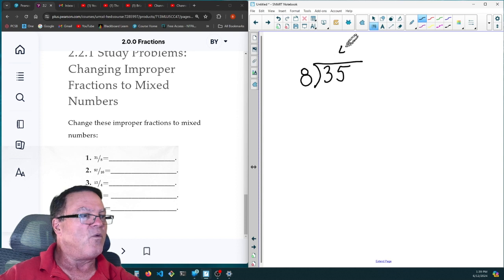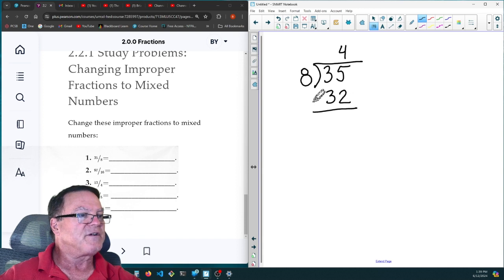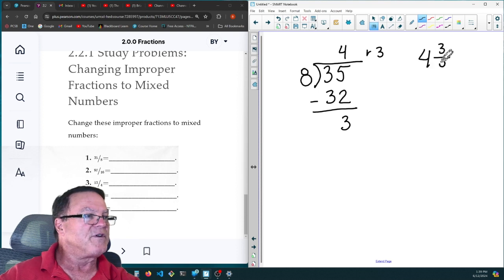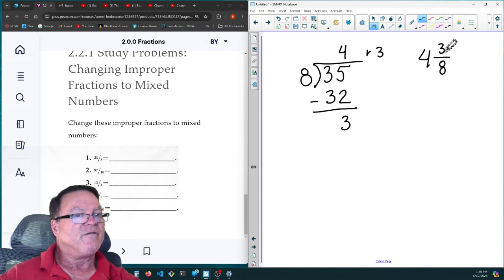And 8 times 4 equals 32. We'll do our subtraction. 5 minus 2 is 3. That's a remainder, 3. So we're going to end up with 4 3/8. Remember, we're going to put the original denominator underneath. The remainder is our numerator, 4 3/8.